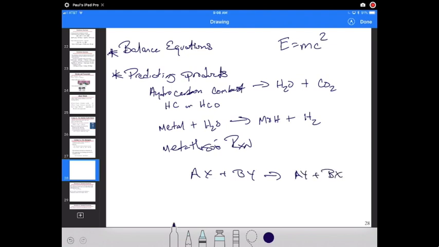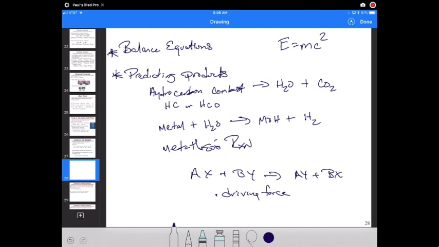Now there has to be what's called a driving force. What causes these things to happen? There are three things that I can form that would actually make this go.